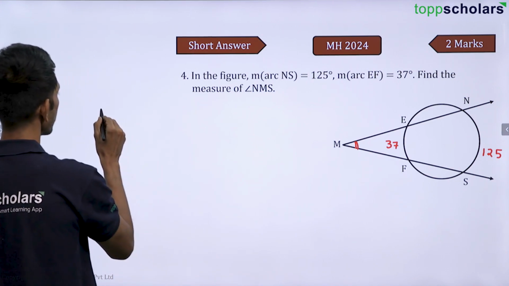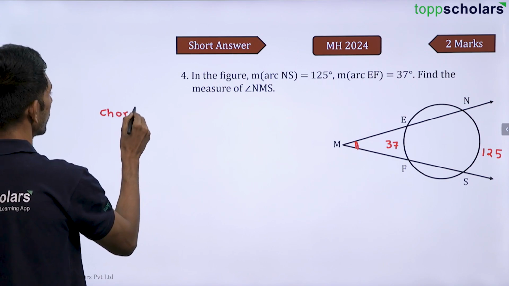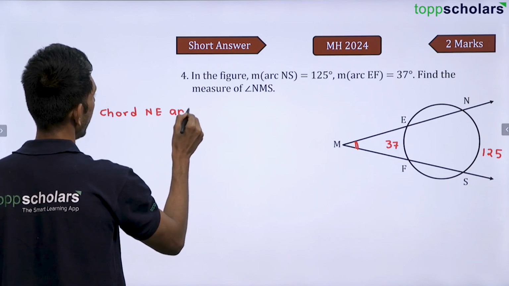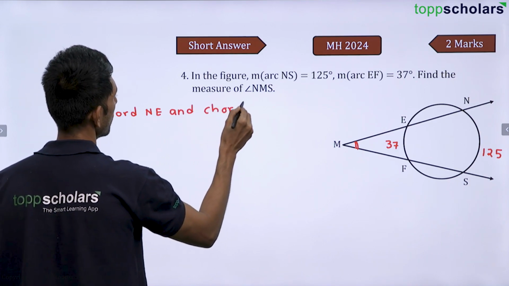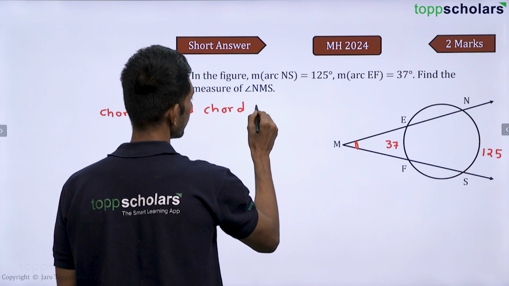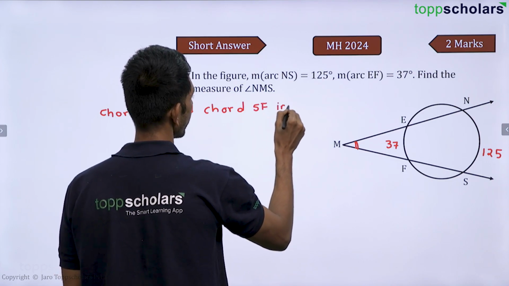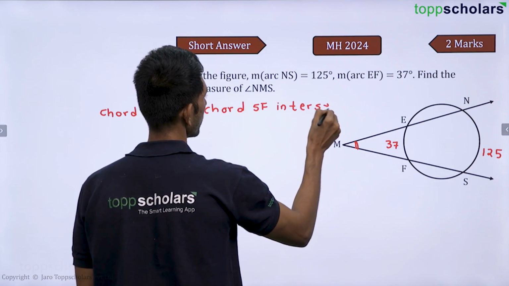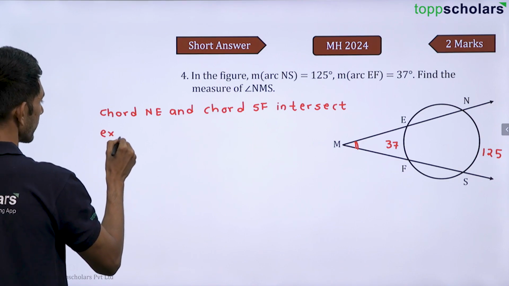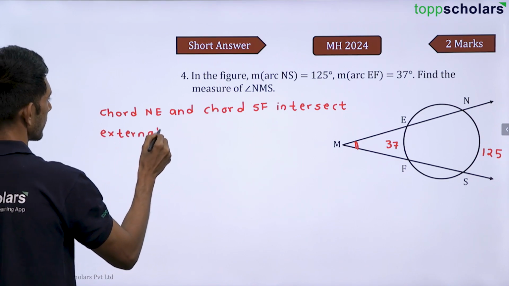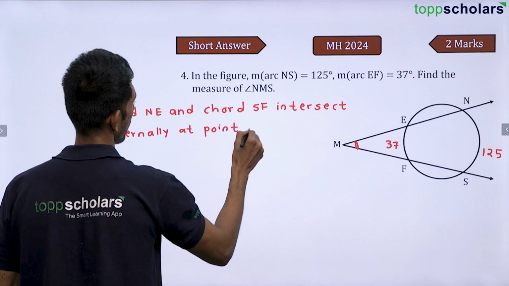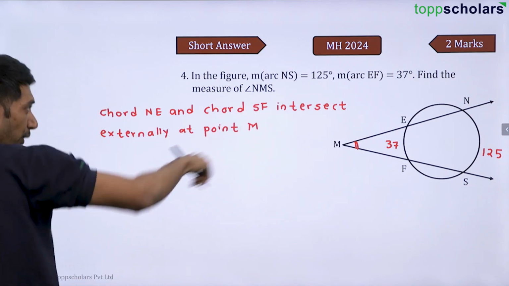So two chords, chord NE and chord, you can also call them secants basically, SF intersect, right? But they intersect externally at point M. Correct?